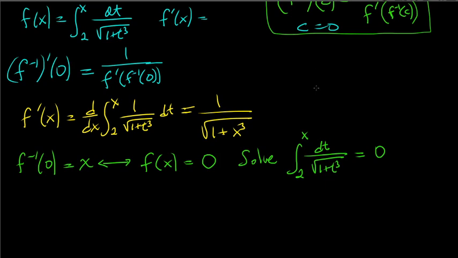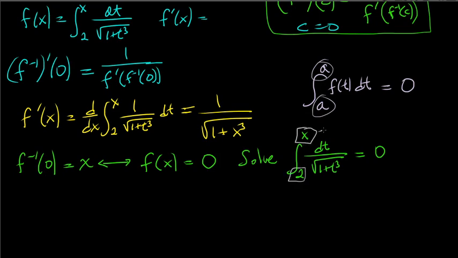Don't think too hard here, right? The definite integral of any function from a to a is 0. So if the lower limit is 2, well, that has to be the upper limit, right? So x has to be 2. See how easy that was?